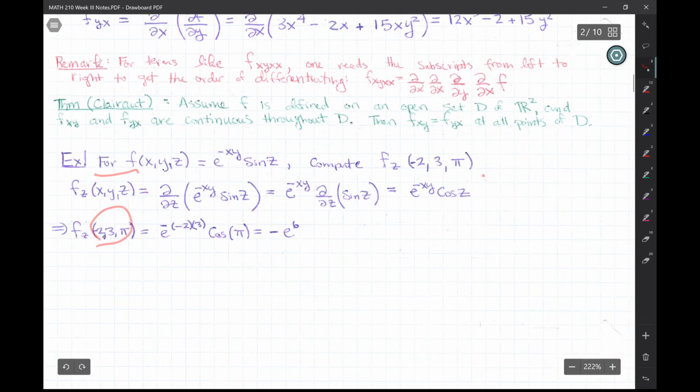We want it at (-2, 3, pi). So we just plug in that point. Okay, so here we have minus 2. Why? Because there was an x there. And y is 3. We're given the value y equals 3. And for z, we plug in pi. And we end up getting negative e to the 6th power.